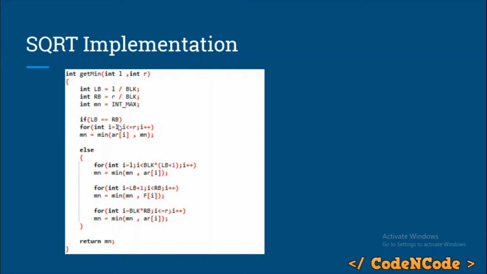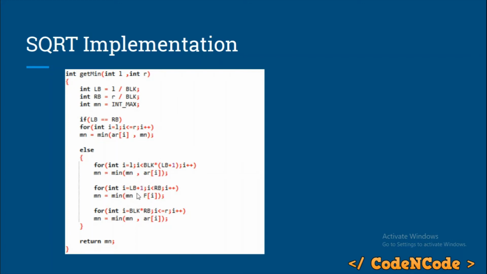So first of all, calculate the left and the right block, and then initialize the answer to be int max. It is already defined as a constant. Now if L block is equal to R block, as we have already discussed, if both the indices lie in the same block, we can directly traverse from L to R linearly and update the answer accordingly. Now if they belong to different blocks, first, starting from L and less than the next block, we would traverse linearly.